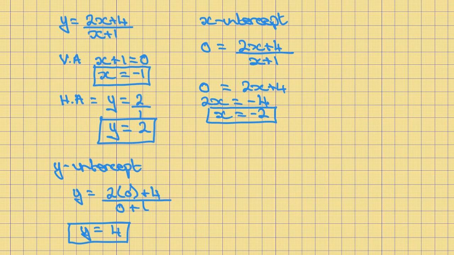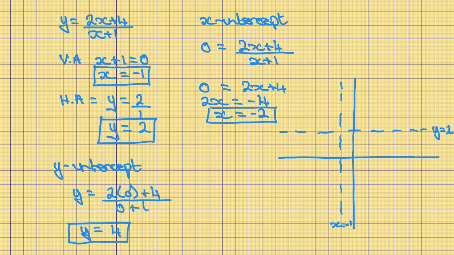Now we can sketch our graph. So let's draw our axes. Let's put in our asymptotes. So we've got a vertical one at x equals minus 1. We've got a horizontal one at y equals 2. We have our y-intercept at y equals 4.